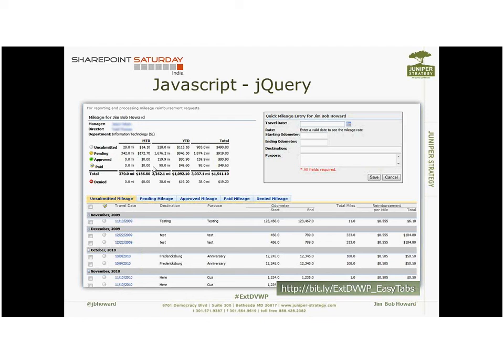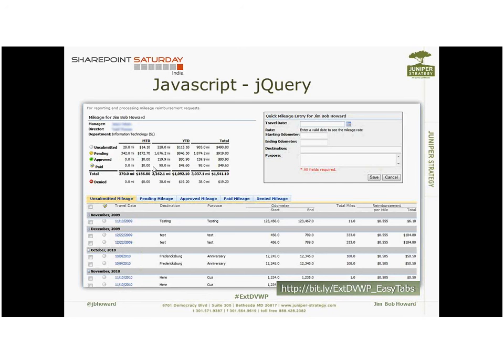He has a blog and a website called Path to SharePoint, and he has written the jQuery that you can just drop directly on your page in a content editor web part. As long as it's in the set part zone, all of the other web parts that are inside that zone will automatically stack just like this, and it'll create tabs for them.